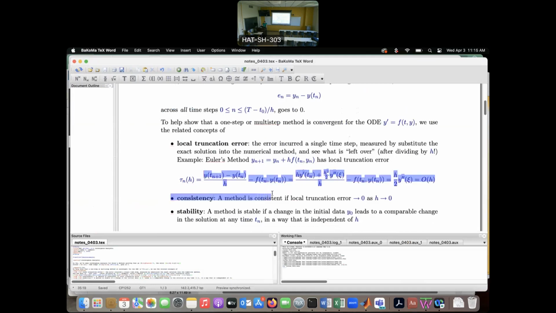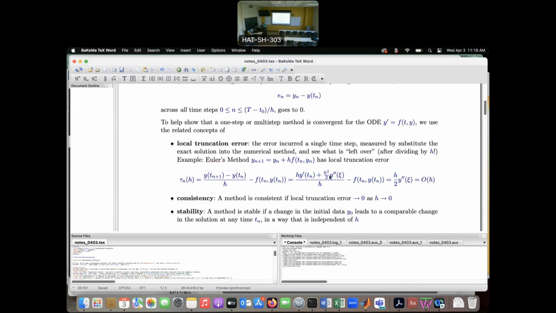But this expression is not particularly useful to us. It doesn't really help us quantify how large it would be. So what we do is use a Taylor expansion of y of t_{n+1} around t_n, and after simplifying as much as possible, keeping in mind that y of t is the exact solution, so y prime of t_n equals f of t_n and y of t_n, this term will cancel with this one.